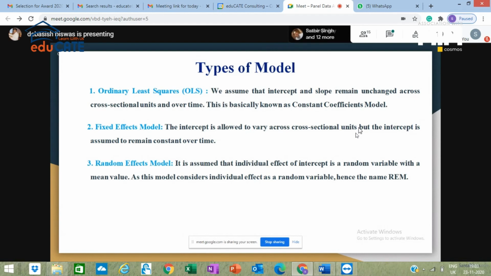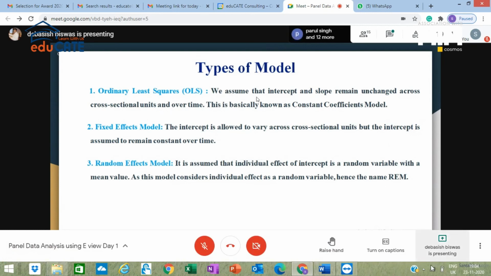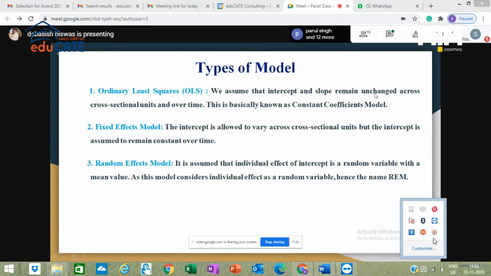There are 3 types of model that can be dealt with using panel data. One is ordinary least square, which is called pooled regression.